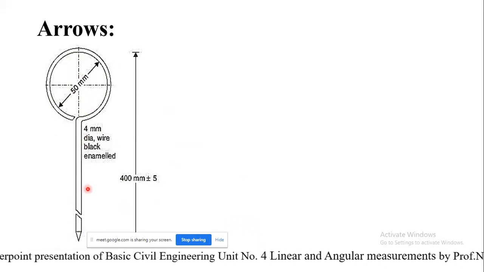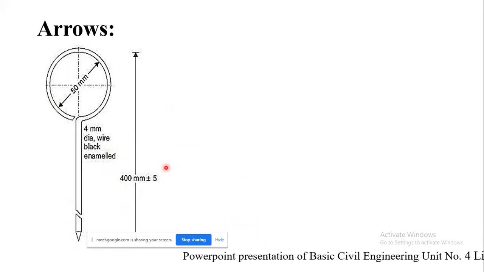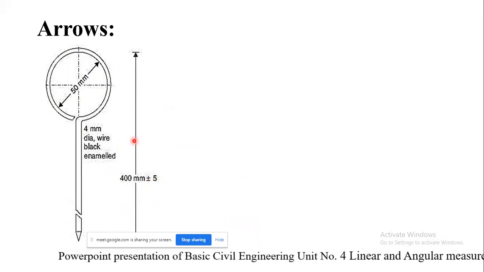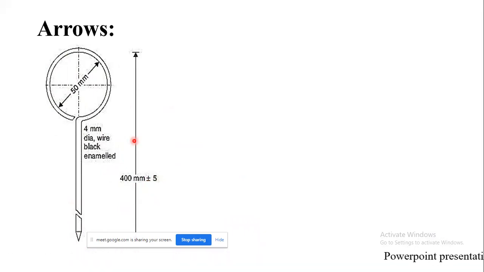Its overall length is 400 mm, plus or minus 5 mm of error. These are used for counting the number of chains while measuring a chain line.